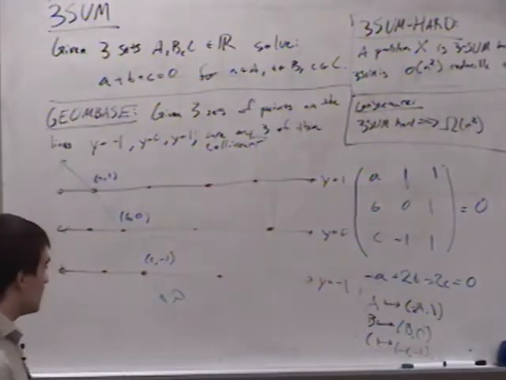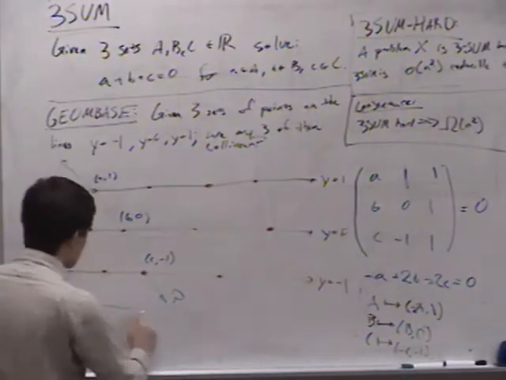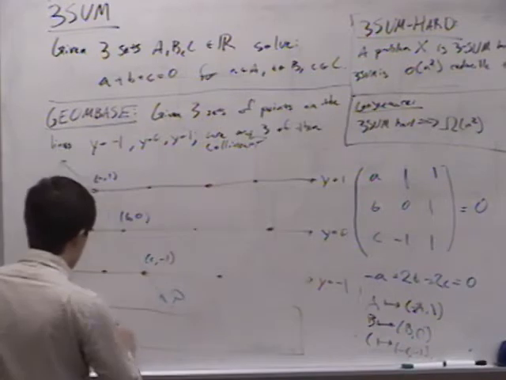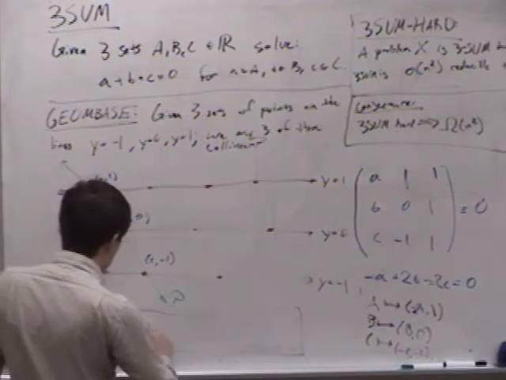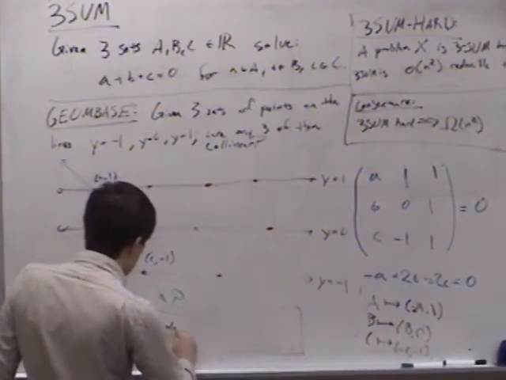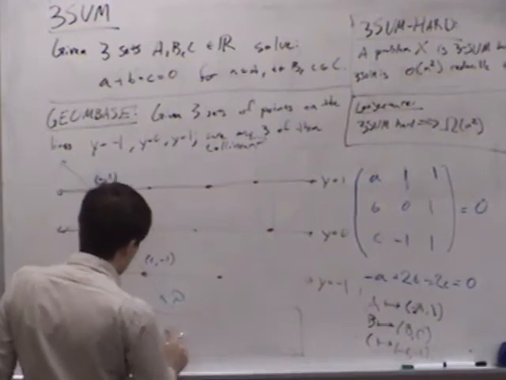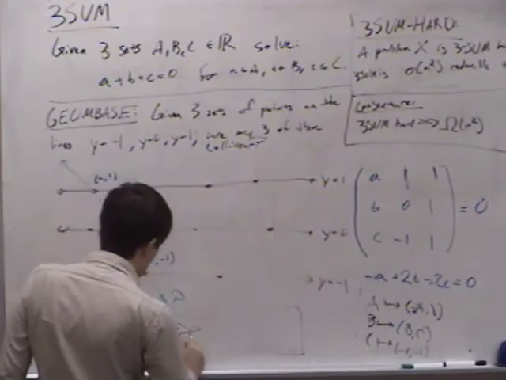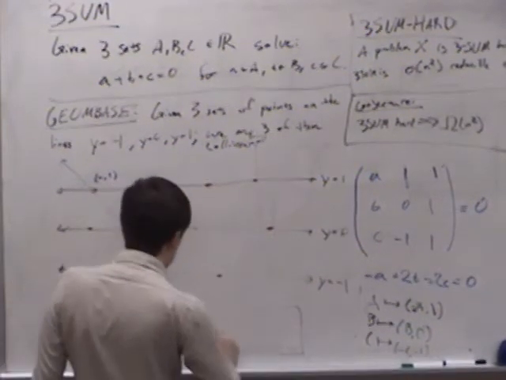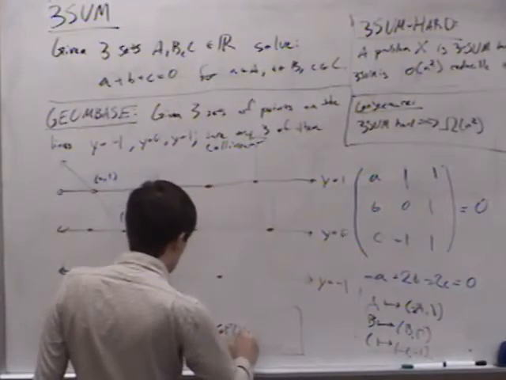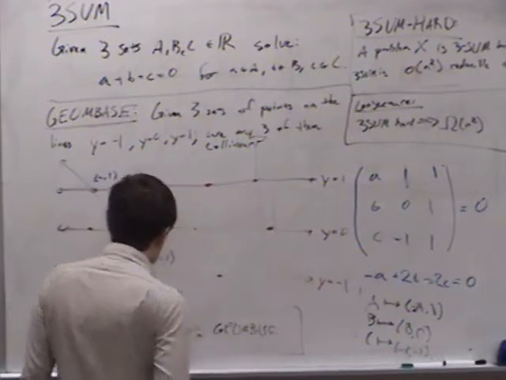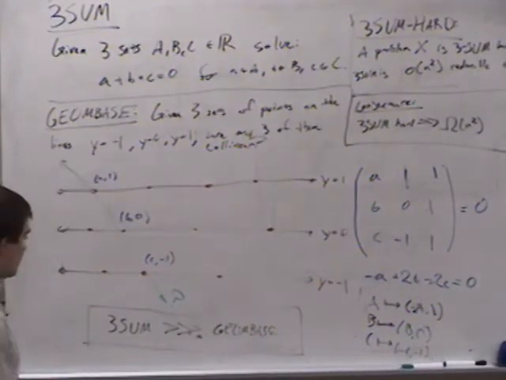instance of g on base. So the conclusion of this is that 3-sum reduces, we'll write it like this, n to g on base. I hope I wrote those arrows going the right way. It's either that way or the other one. I think they actually go the other way.